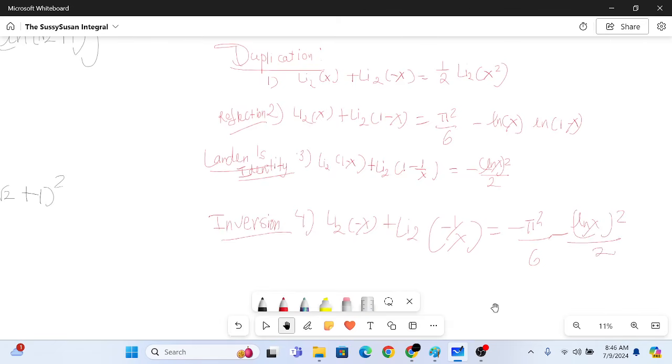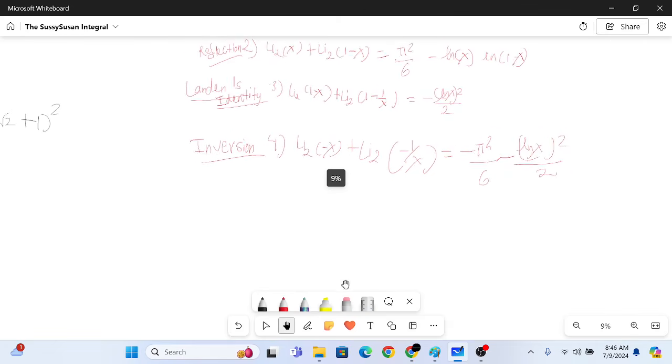And the last one is the three-dilogarithm identity. It didn't really have a good name, so I gave it this name myself. Sorry, I guess the spelling might be wrong.